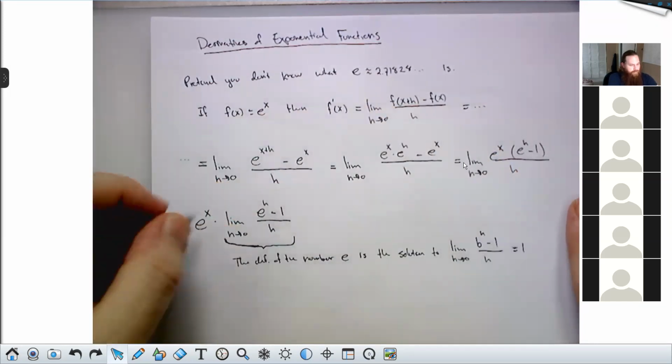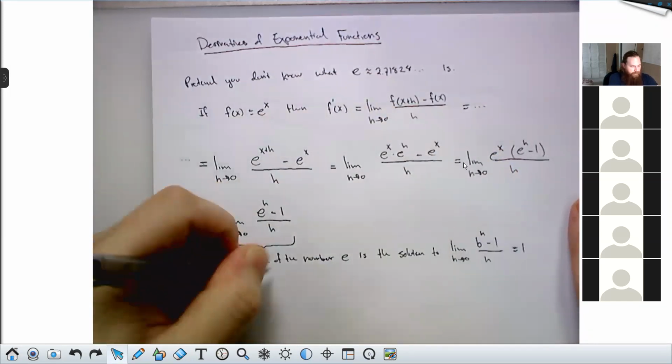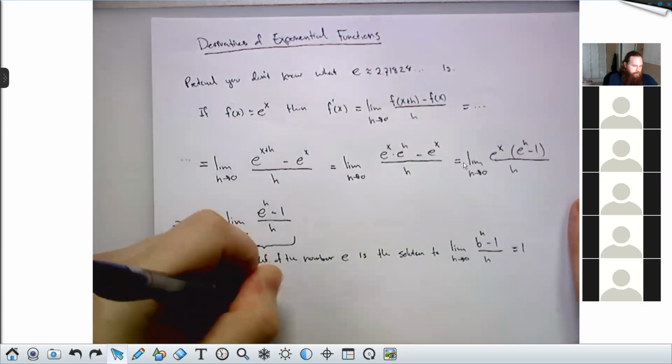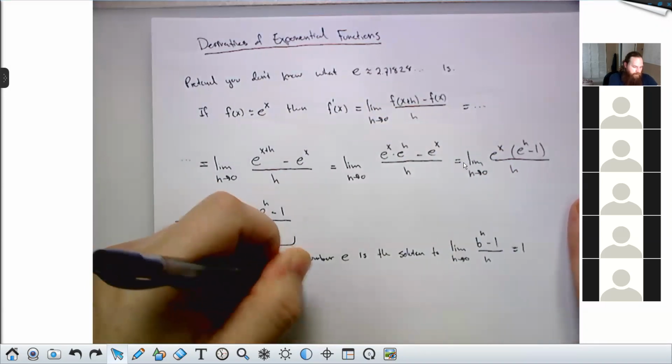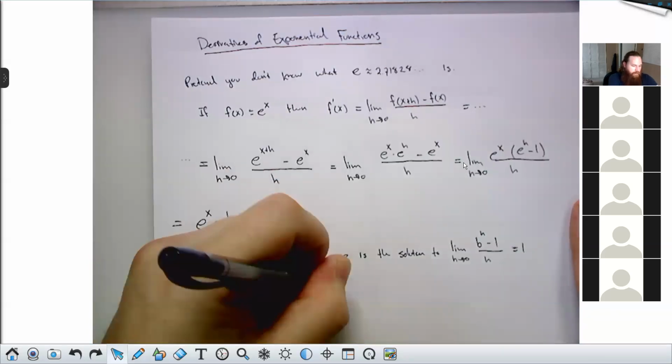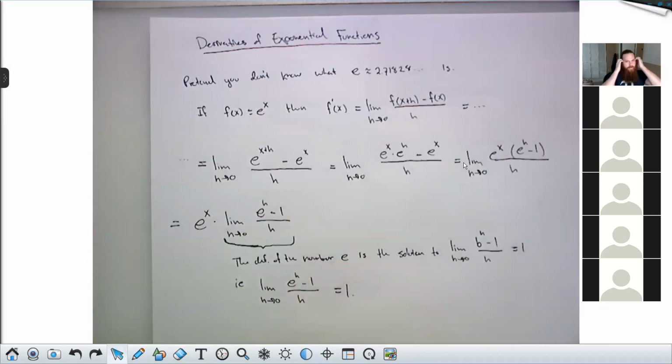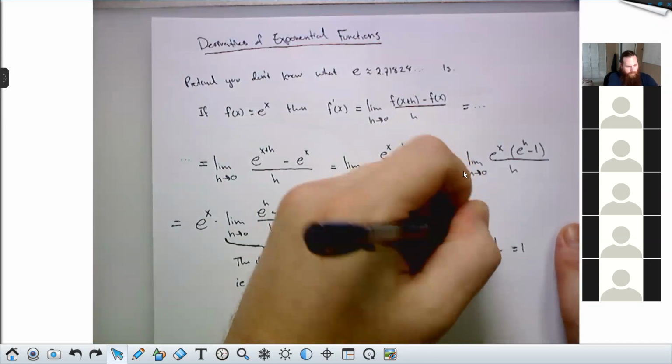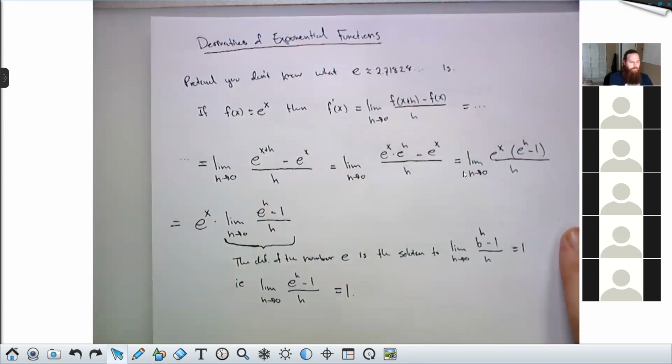In other words, the limit as h goes to 0 of e to the h minus 1 over h is 1. They take that to be the definition of the number e. It's not the definition that you see in your algebra classes, and so I'm not crazy about this approach. But this is one way to do things, and it is correct. It's just not super appealing.